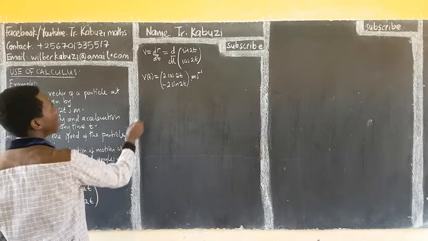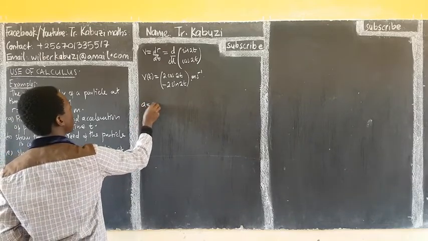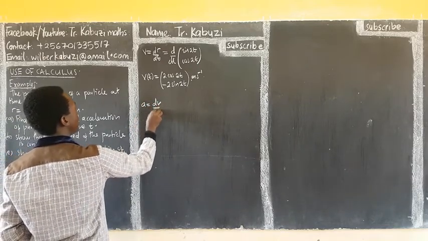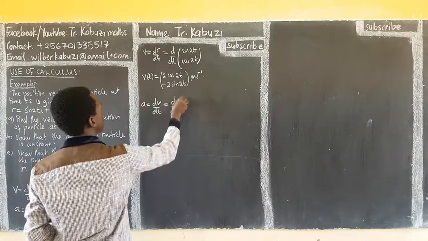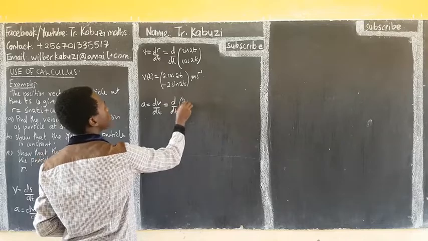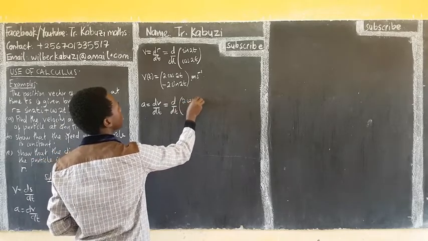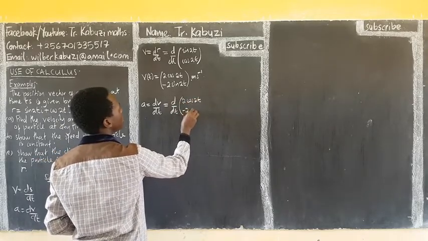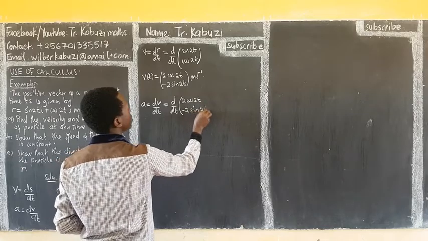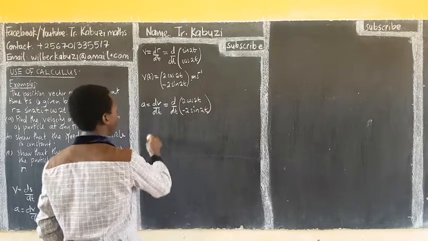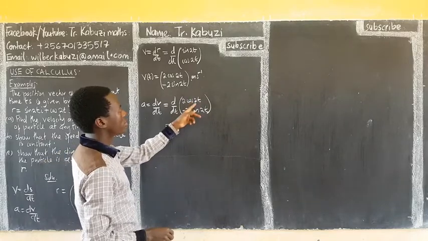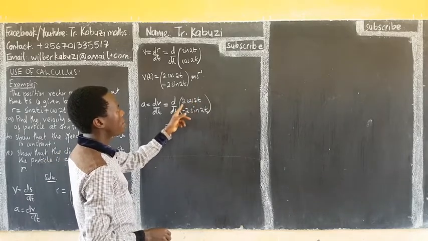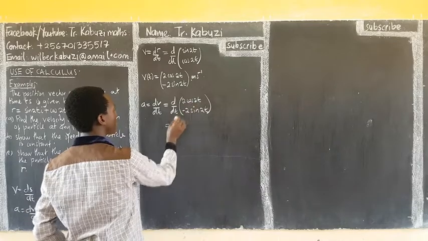To get our acceleration, the acceleration will be equal to the derivative of velocity. So this will be the derivative of 2 cos 2t, then negative 2 sine 2t. When you differentiate this, we get 2, then this 2 multiplies, and of course we get a negative.